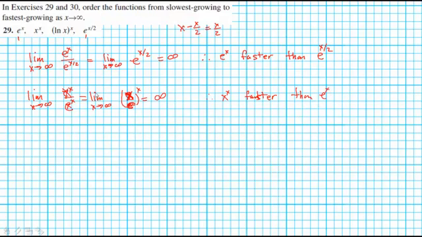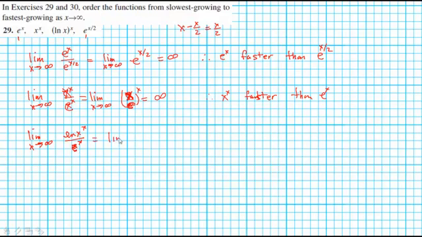So let's do one more, and let's do the limit as x approaches infinity of natural log x to the x, e to the x.